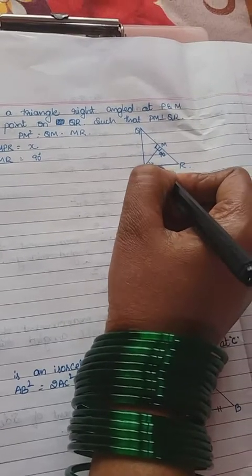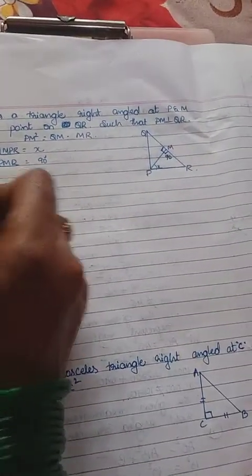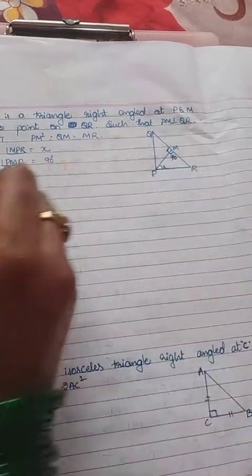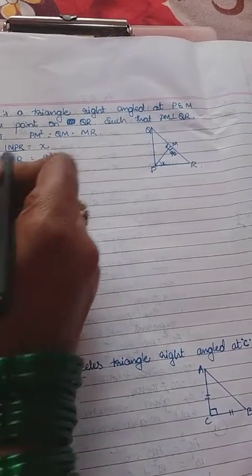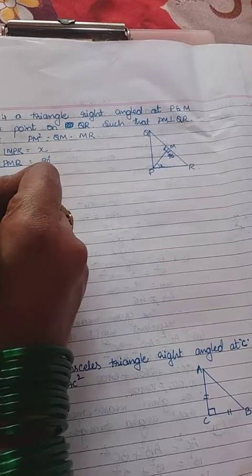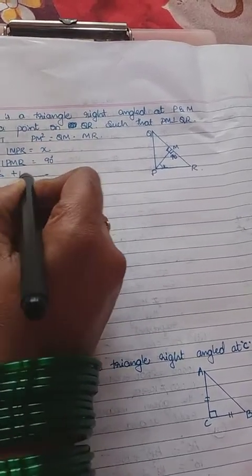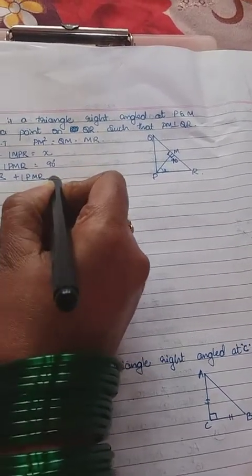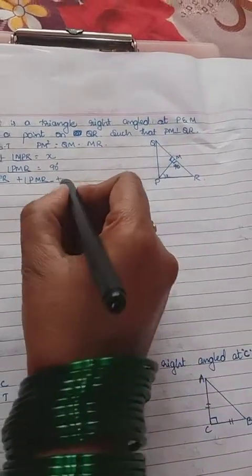If we are writing all three angles, the first one is what we have taken, angle MPR, plus angle PMR, plus angle MRP, which we don't know, write as it is.